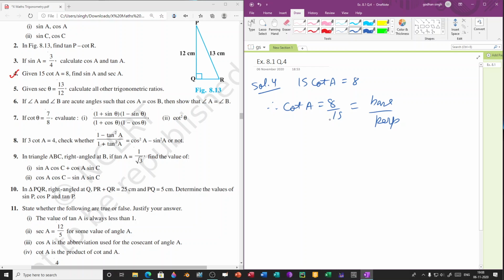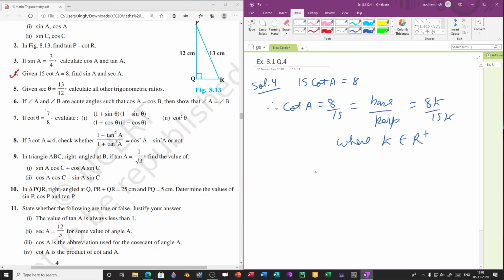It can be a multiple of some constant, say 16 and 16 by 30 also, because a ratio is always written in simplest form. So what we'll be writing here is 8k over 15k, where k belongs to R plus, that is, k is a positive real number.